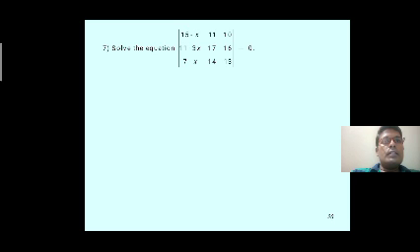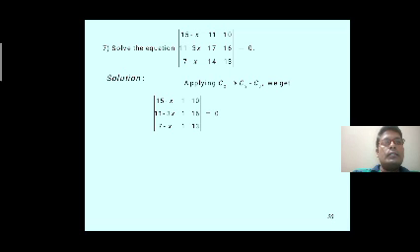Solve the equation: the determinant with rows 15 minus x, 11, 10; 11 minus 3x, 17, 16; 7 minus x, 14, 13 equals 0. Applying C2 gives C2 minus C3, we get rows 15 minus x, 1, 10; 11 minus 3x, 1, 16; 7 minus x, 1, 13 equals 0.